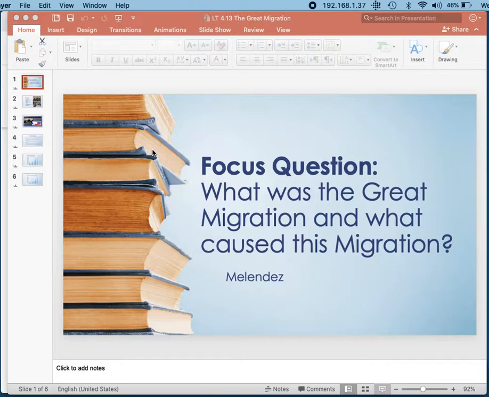So in this lesson, we're going to progress through to figure out what were some of the causes for the Great Migration, and what were some of the benefits and or the pros and cons of leaving the South.